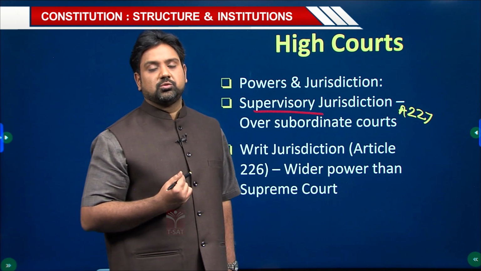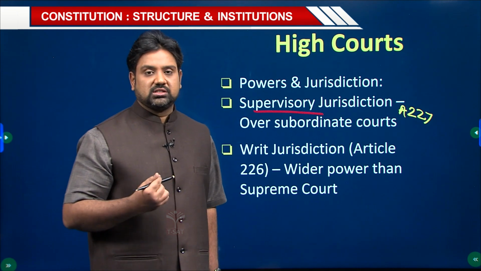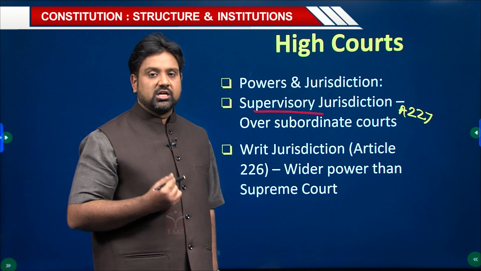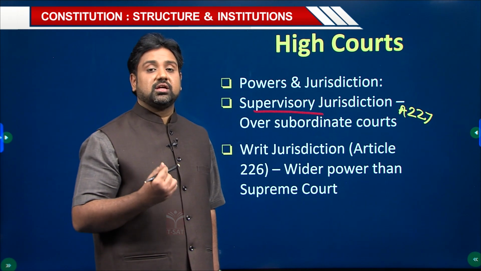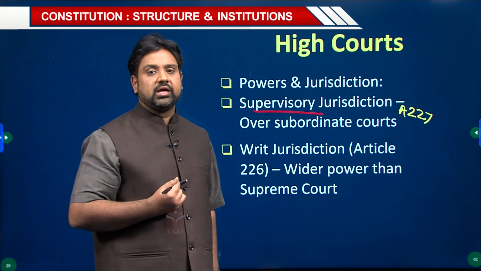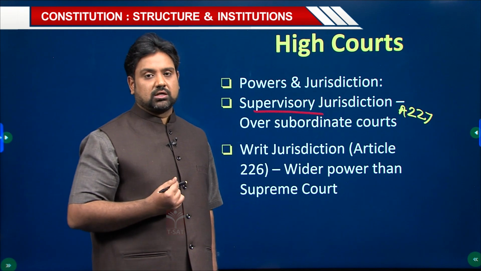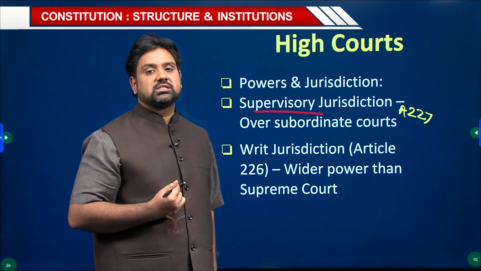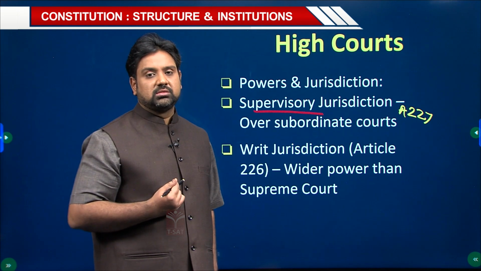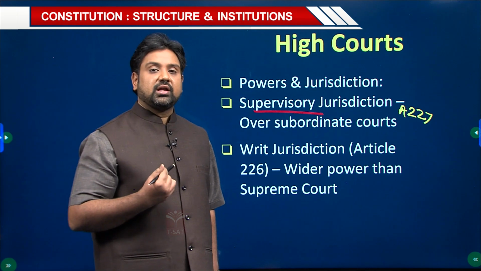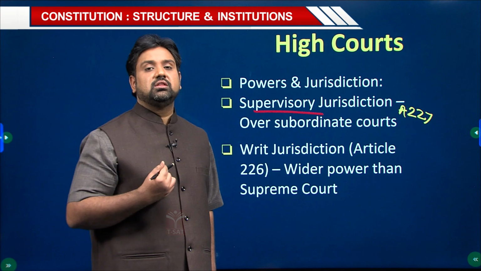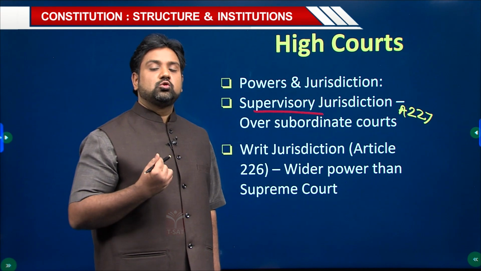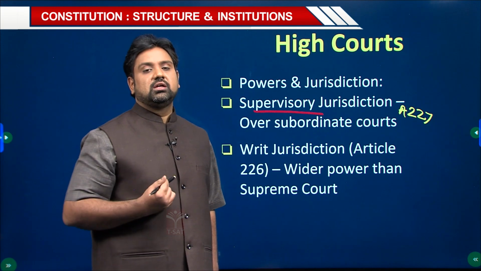So, the general power of superintendence means appointment of judges to the subordinate judiciary, also regulating their service matters, prescribing the civil rules and the criminal rules of practice, the day-to-day functioning of the courts, various circulars, and to examine the conduct of the judges, to have monitoring over them. So, all to ensure that they are exercising their jurisdiction within their limits. So, all these things come within the purview of supervisory jurisdiction of the concerned High Court.